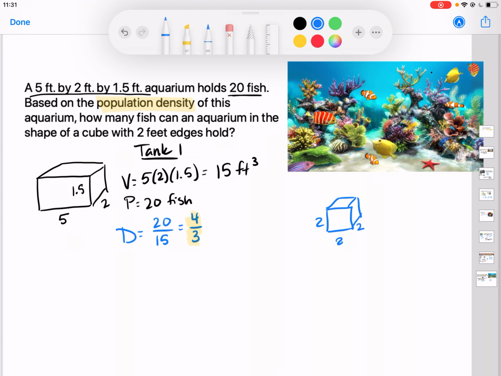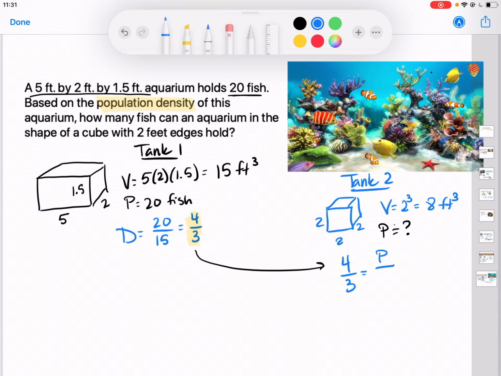So the volume of the cube aquarium, I'm going to call this tank 2. The volume of this one is 2 cubed, which is 8 cubic feet. And we are trying to find the population based on this density. So I have 4/3 is going to have to equal our population over 8 cubic feet. And we could cross multiply to solve this.